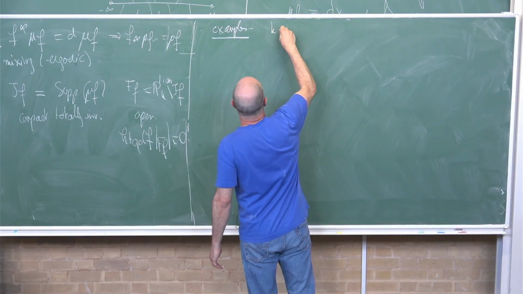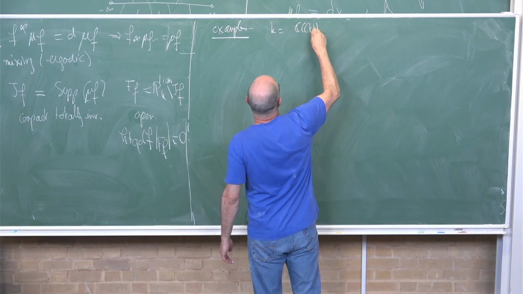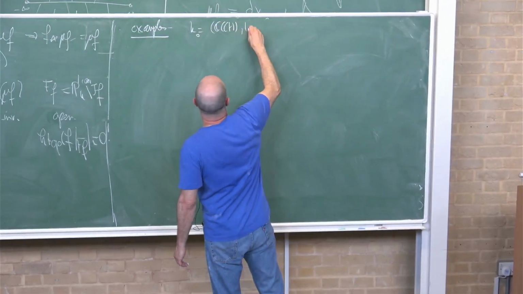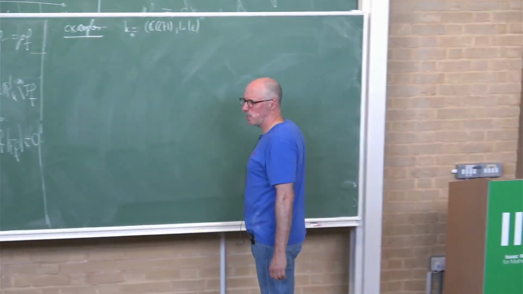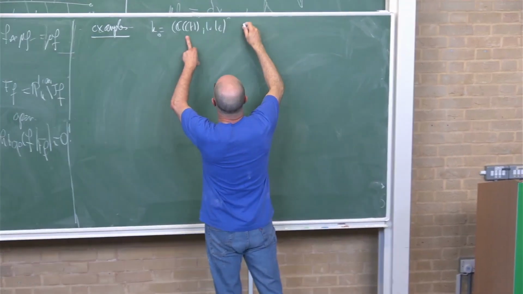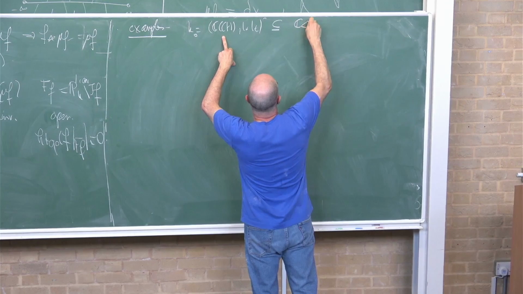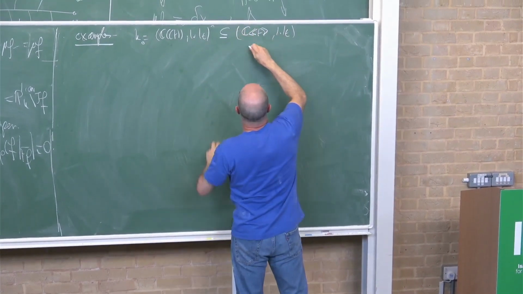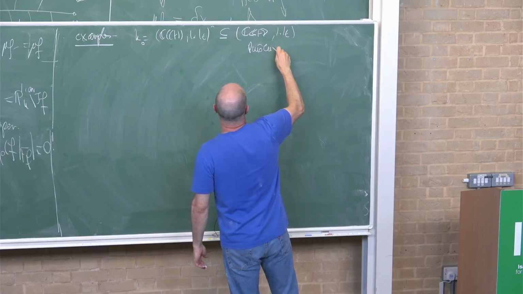I want to take K to be the field of Laurent series. But as I said, it's not so nice because this is not algebraically closed. So usually you embed it into the set of Puiseux series, which is not complete.